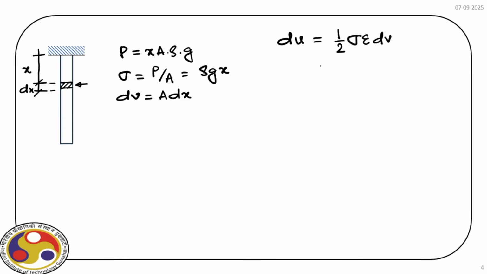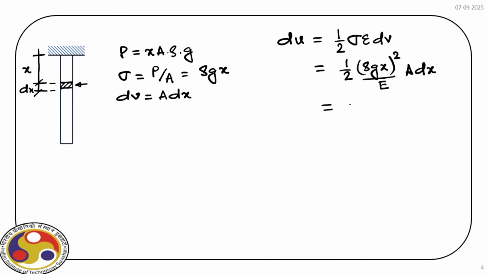So in place of sigma, now we can write rho G x, and in place of epsilon we can write sigma by E, so it will be the square divided by E, and in place of dV we can write A times dx.